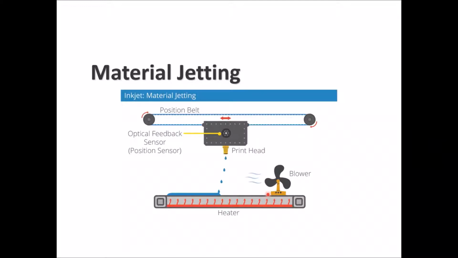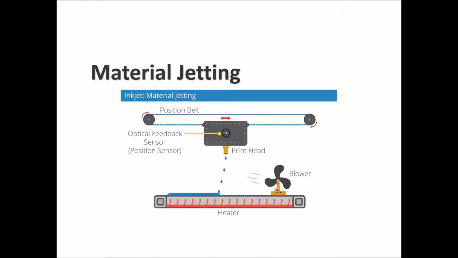Looking at a sketch or illustration of the material jetting process, we can see here a position belt. This belt drives the nozzle in the X direction back and forth, and the base moves in the axial direction, forward and backward.